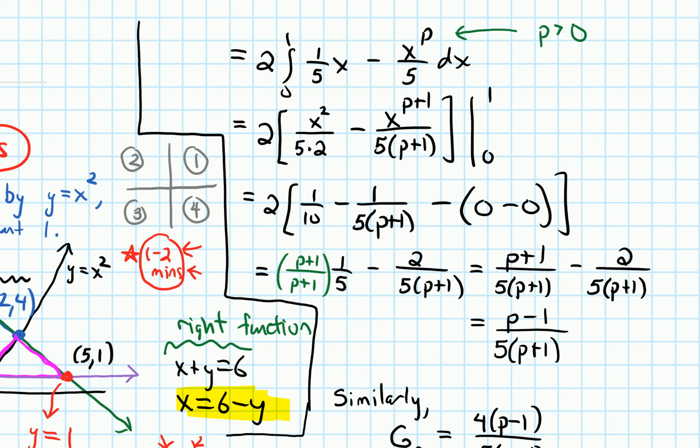So if we go up and look at our computation, there's one step where we kind of took it for granted, which is when we plug 0 into x to the P plus 1. If P was something like -2 and you plug 0 in, we would get 0 to the -1 power, which is 1/0, and that's undefined.